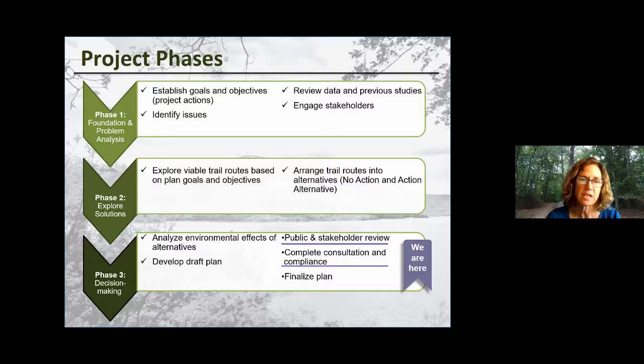Of course, we have threatened and endangered wildlife. That was a topic as well. So we evaluated the impacts on the visitor experience. So we put all this together in the draft plan, which hopefully you'll go to our website and see.